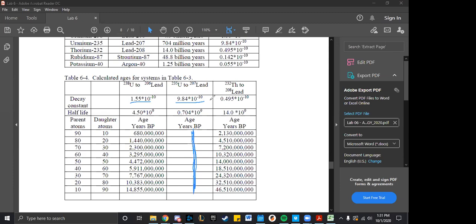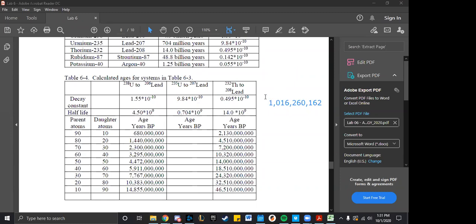And then 1 divided by that. And it's a stupid long number. Is that the number you got?